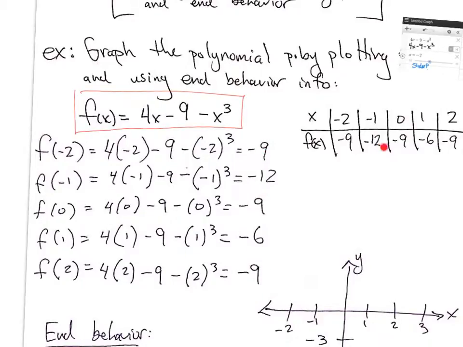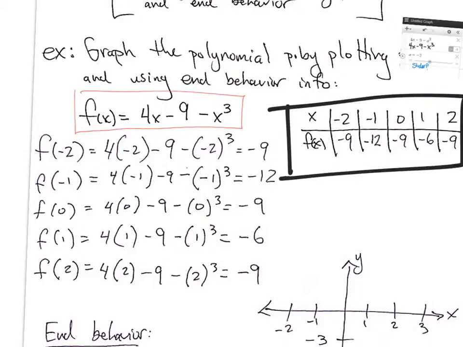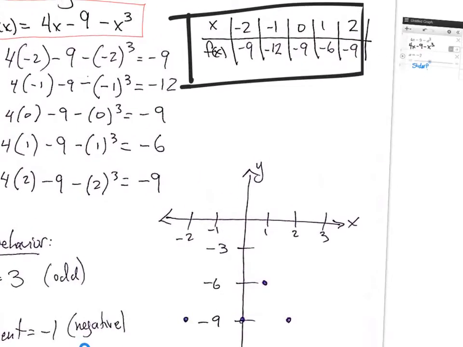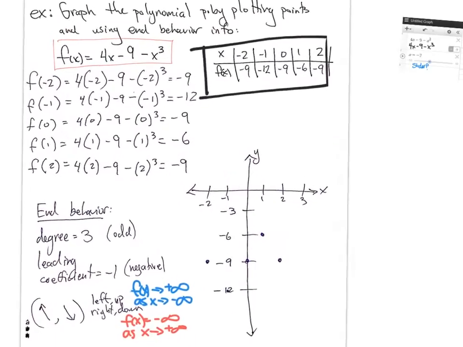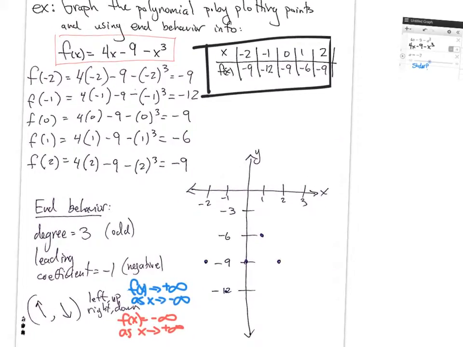So once we have this, we have our points, and we're going to plot those points. So I created a little graph where I knew that the values I wanted were x should go from -2 to 2, and y should go, and it's just kind of between -12 and -6. So I set the xy axes up like this.